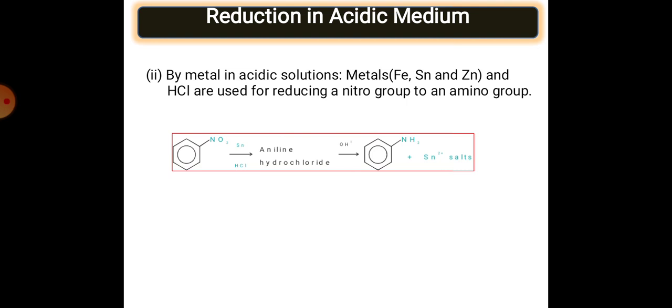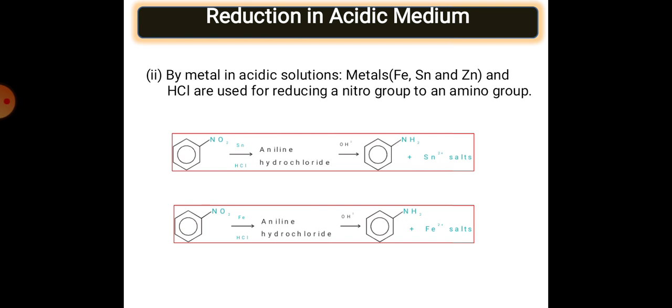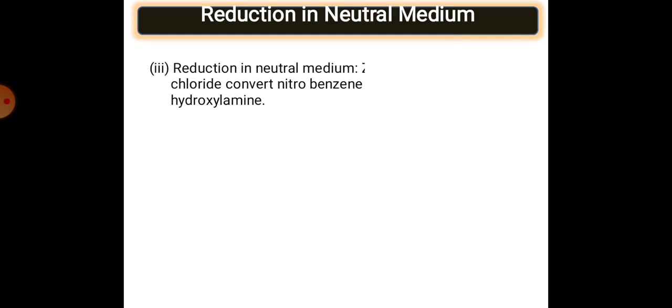That's why the first product is anilinium hydrochloride, and after that by the application of base the proton is abstracted, and you get aniline as the final product. So this is the second type of reaction, reduction in acidic medium, with Sn/HCl, Zn/HCl, Fe/HCl. You can use anything, but a metal should be there.